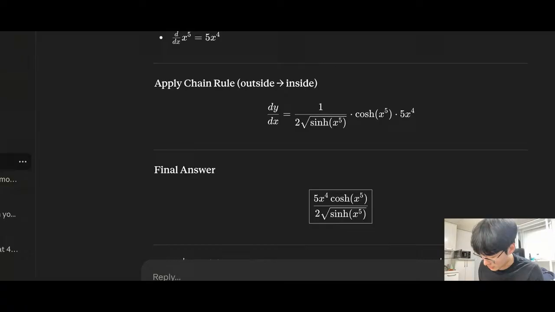So cosh of x to the power 5, and you just write the same thing down here.